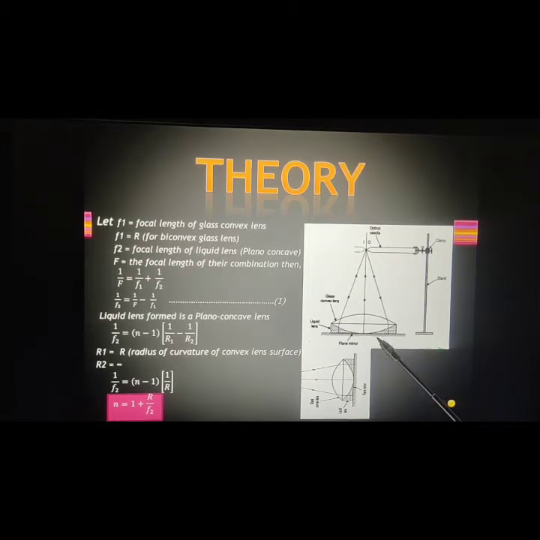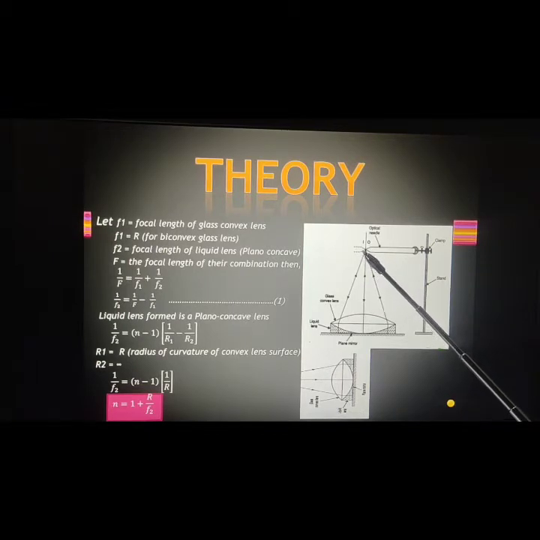Then we determine by the same method: we adjust the object such that we get the image next to the object.